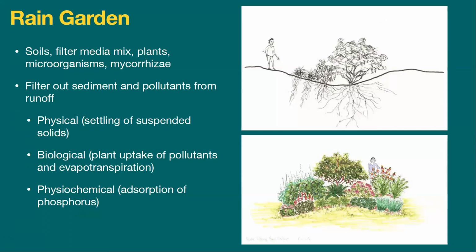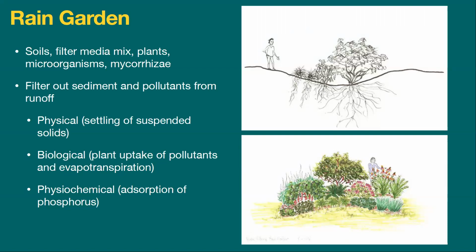And so in the rain garden, that pollutant filtration is happening through a variety of processes. The soils, the filter medium mix, so a mix of sand and organic matter and topsoil, the plants, the roots, microorganisms, mycorrhizae.